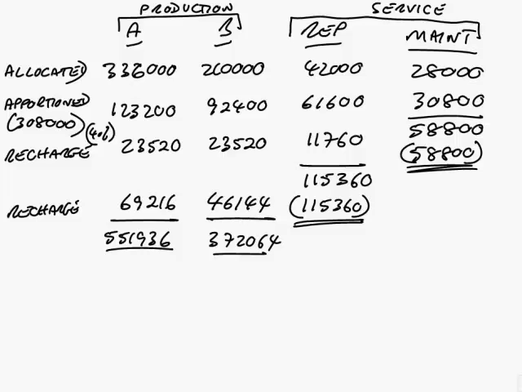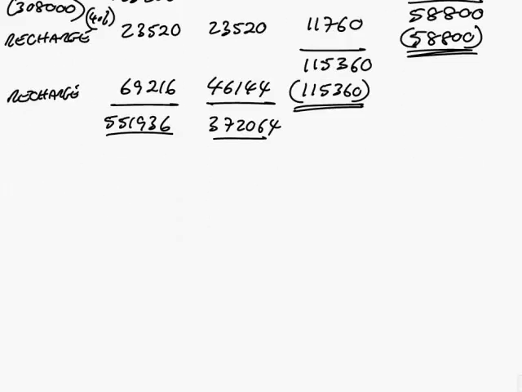So the labour hours in Department A is how many? 40,000. And therefore, the cost per hour, 551,936 in total, 40,000 hours. Each labour hour is effectively costing us, to the nearest cent, 13.80. And in the exam, unless you're told differently, do it to the nearest cent.